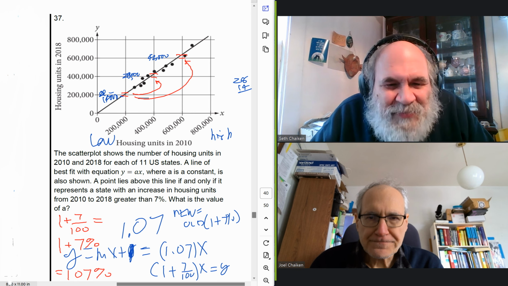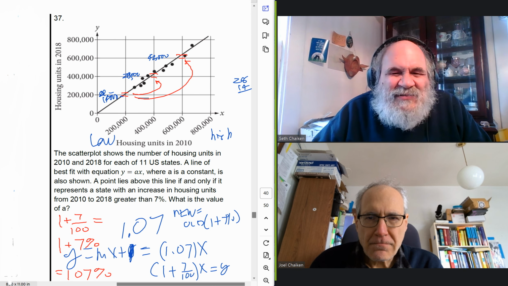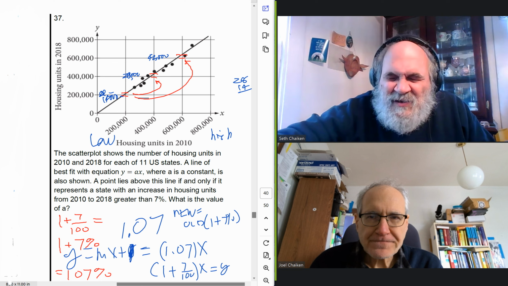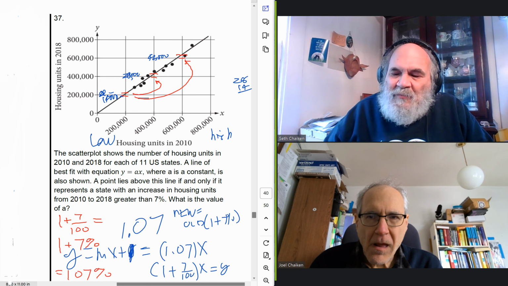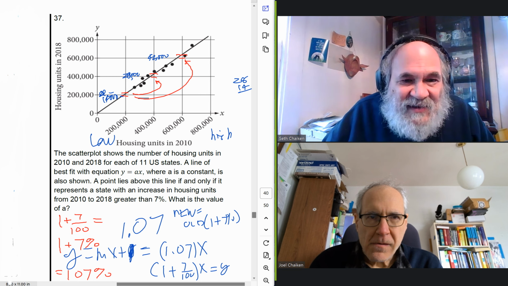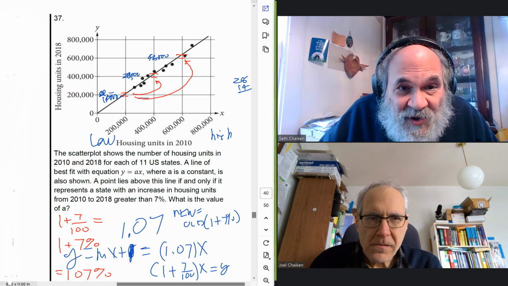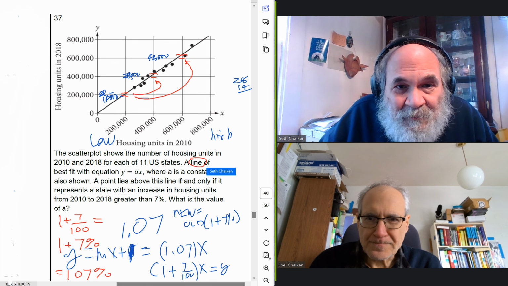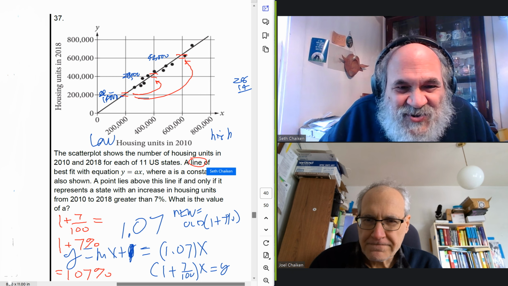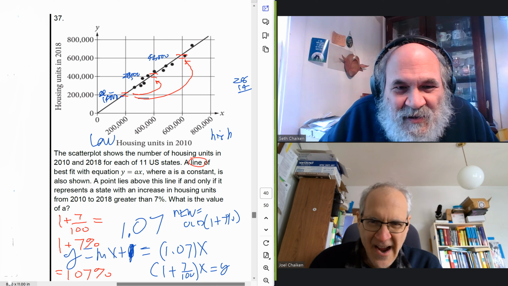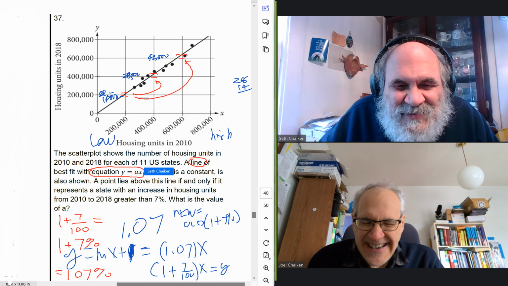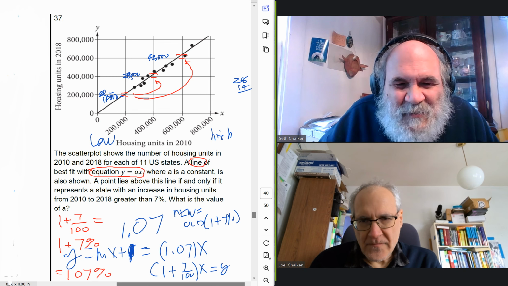The parts of the problem that are relevant to getting the answer start with here. A line with the equation y equals ax.